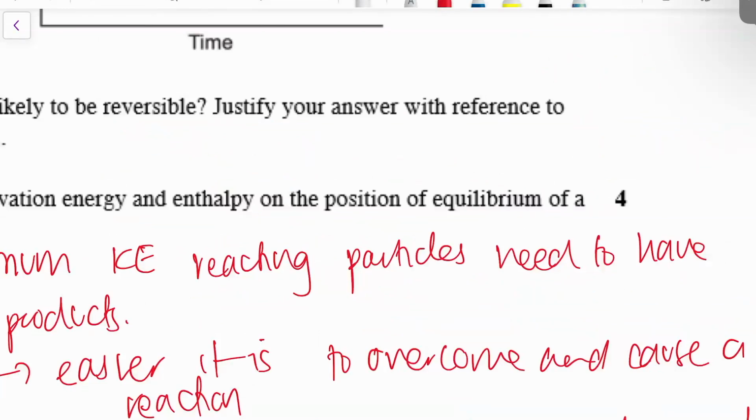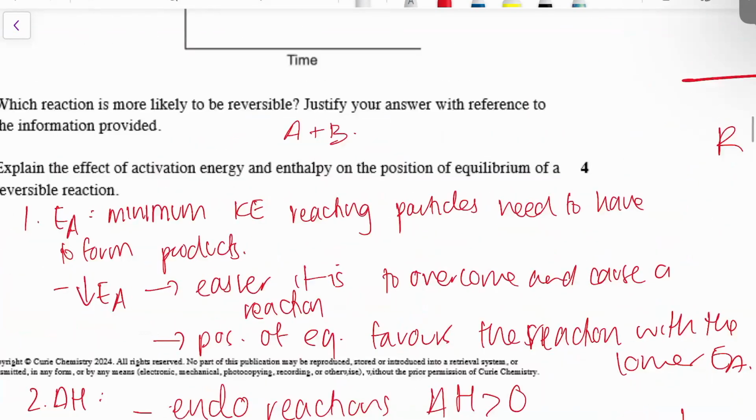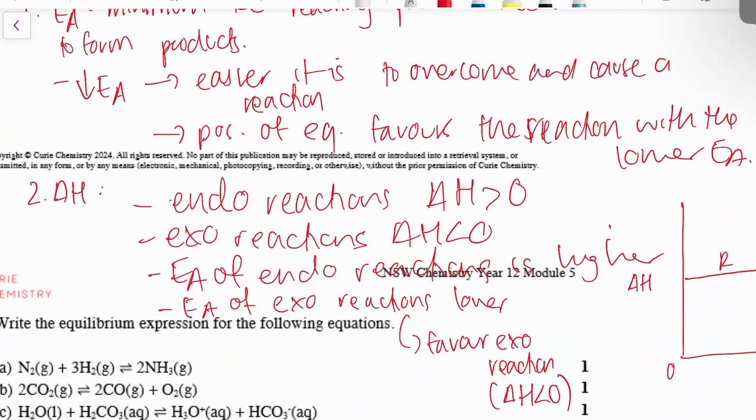So if they gave you an equation and they gave you a delta H, that's enough for you to know where the position of equilibrium would be. Let's say they give you an equation in the exam, A plus B turns into C plus D, and delta H is plus 56. Plus 56 means the forward reaction is endo. We said that the endo reaction has the higher activation energy, which means it's harder to do.